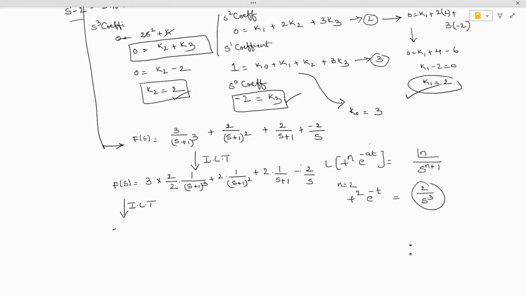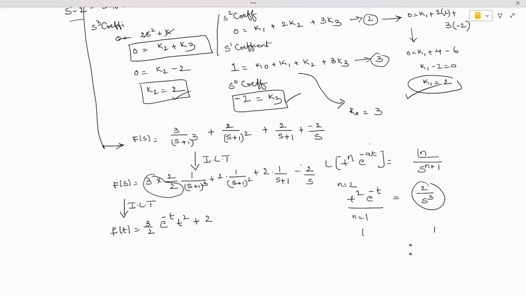So inverse Laplace transform if you perform, this is f of t, that is equal to, so in the numerator we require 2 and here you will be getting 3 by 2 and this is 2 factorial by s cube. We can write down this as e to the power minus t into t square plus 2 into, how to write down, 1 by, so if you take n is equal to 1, so this we are going to get when n is equal to 1, we have only one term here.